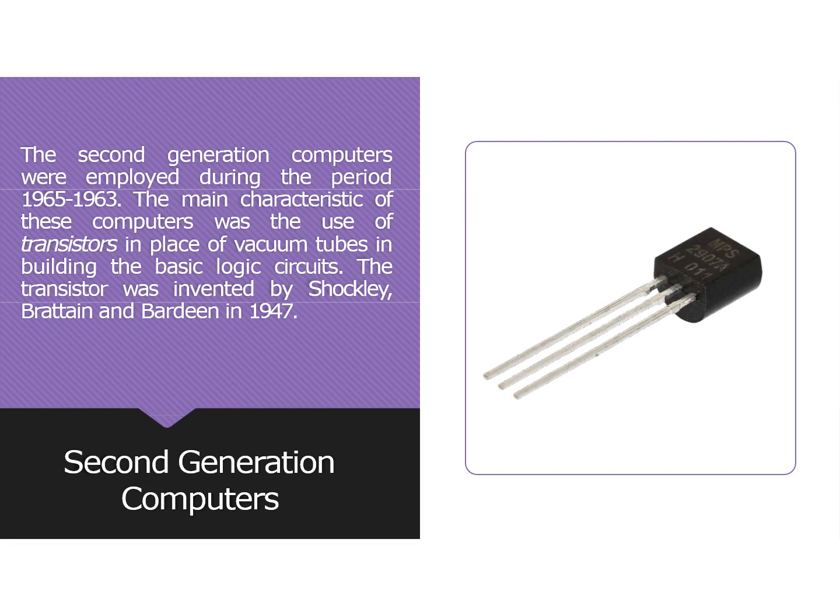Some of the advantages of second generation computers were: computers of this generation were smaller as compared to first generation computers. Less heat generated compared to first generation computers. Faster, cheaper, smaller, more energy efficient, and more reliable than first generation computers.